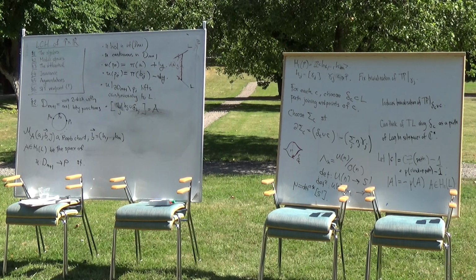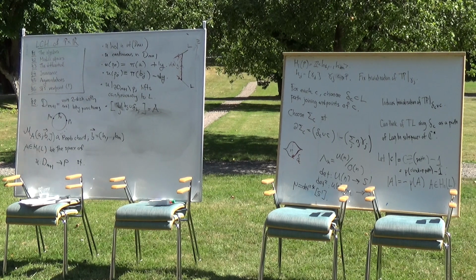So my holomorphic curve, which is a polygon. I'm not even going to draw a picture because it's the same picture that was drawn in the previous talk. It's some holomorphic polygon.